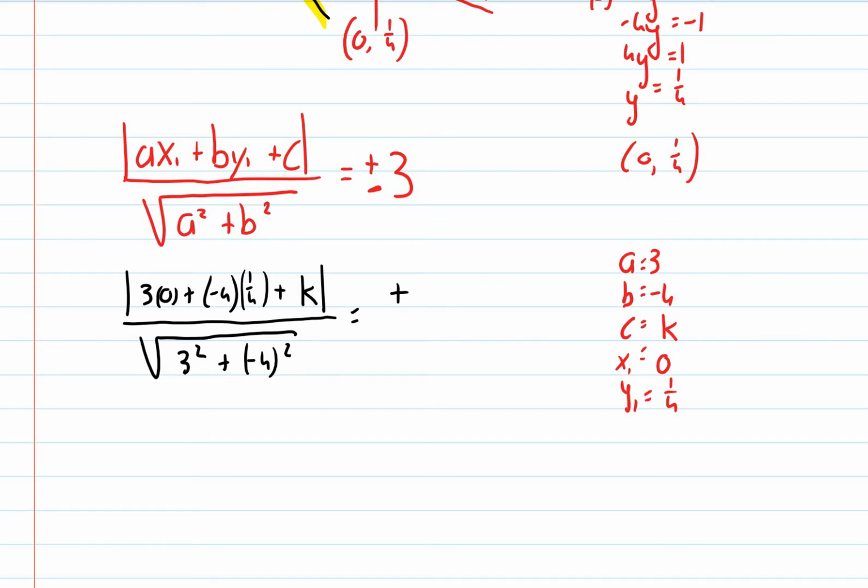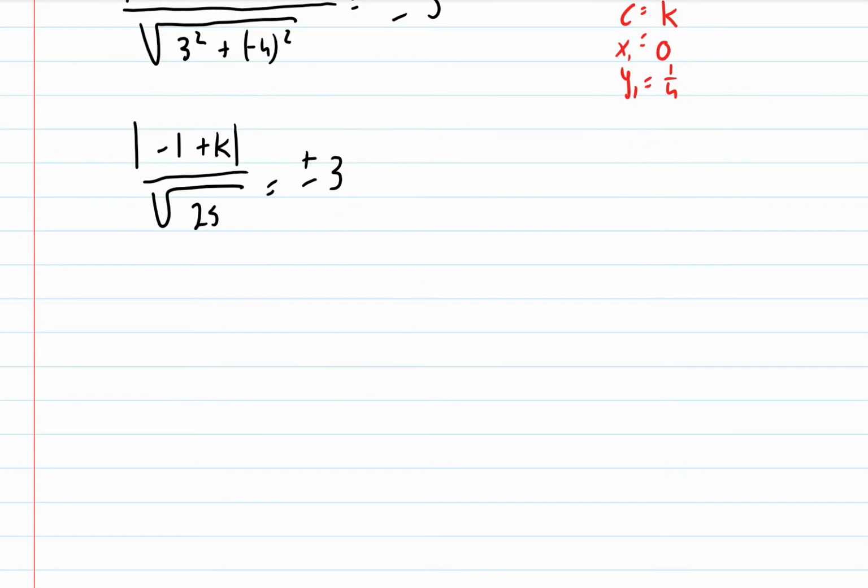That will equal plus or minus 3. 3 zeros are 0, plus minus 4 multiplied by a quarter is minus 1 plus the k, all over the square root of 3 squared is 9, 4 squared, so 25. That again will equal plus or minus 3.